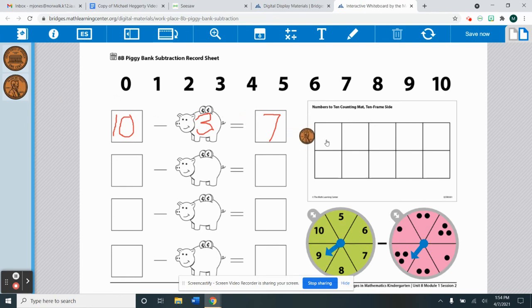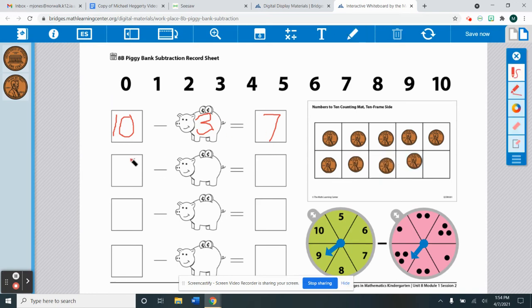So I'm going to put 9 pennies in my numbers to 10 counting mat. Okay, and I'll write that I'm starting with 9.